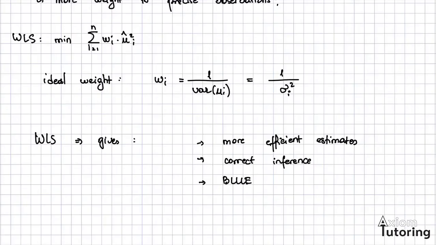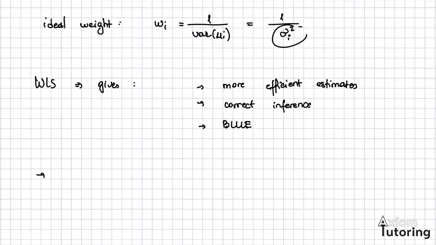However, there are obviously critical limitations, because we almost never know the true sigma squared i. So in practice, we have to estimate the weights, which introduces its own uncertainty. Again, if the weights are right, weighted least squares will give us the BLUE estimates.